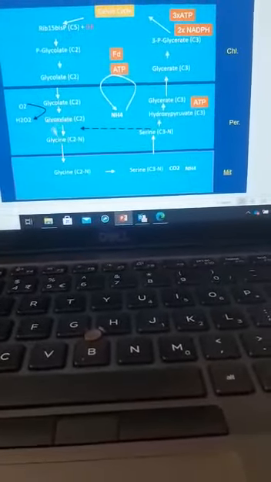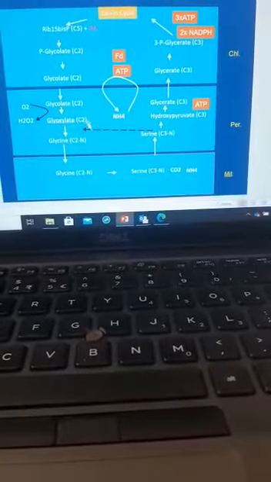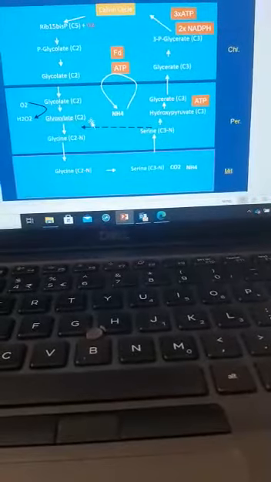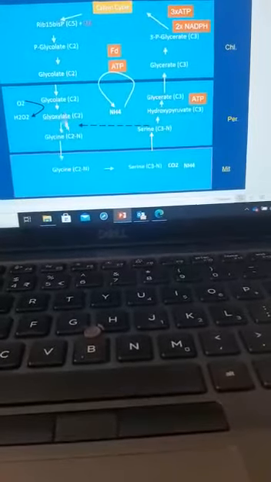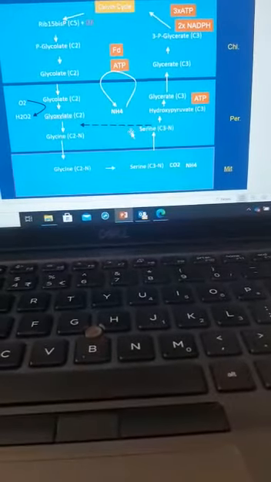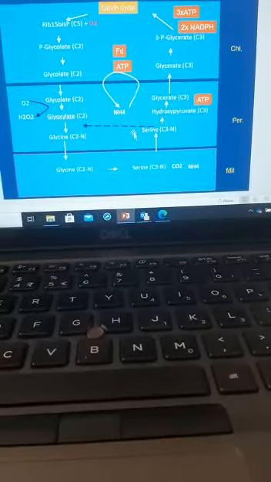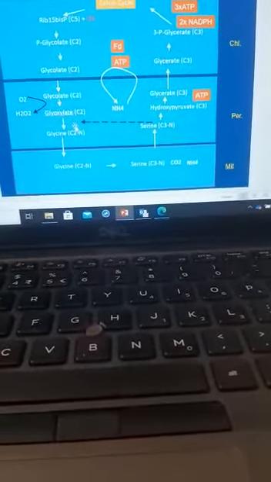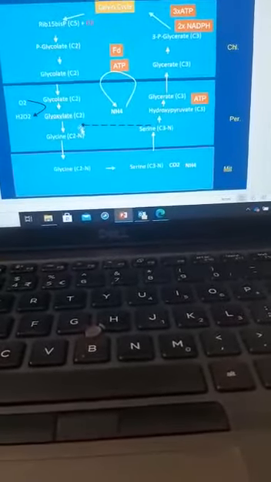The next step is glyoxylate interacting with glutamic acid. That will yield an amino acid called glycine and an organic acid called ketoglutarate. There is an enzyme involved in that step. Get the name of that enzyme.